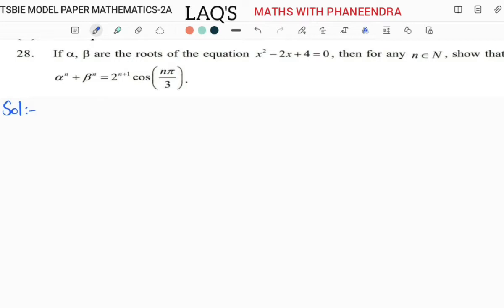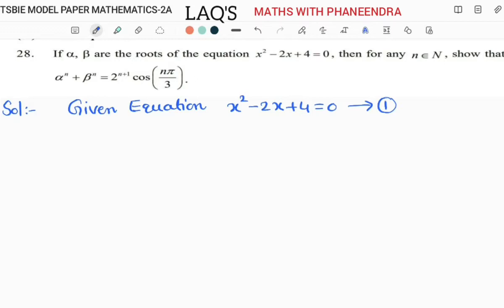See here, first given quadratic equation x square minus 2x plus 4 equal to 0. Put that equation number 1.